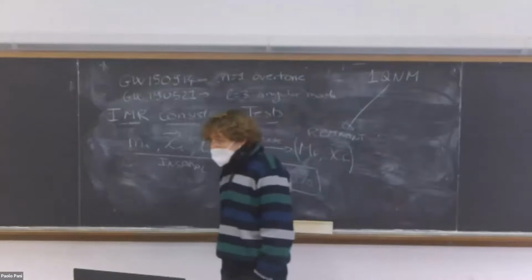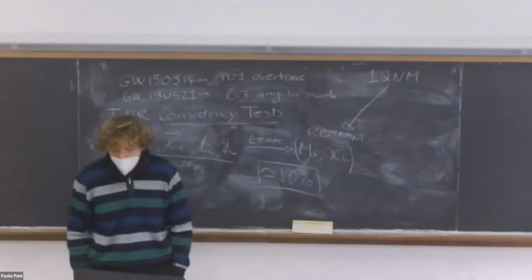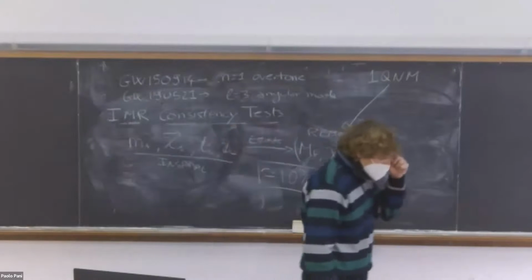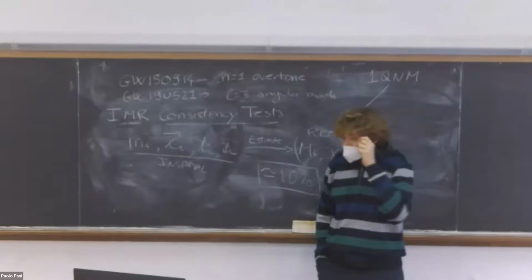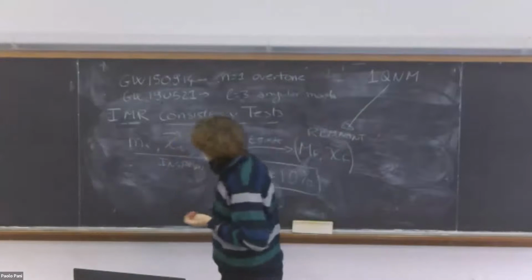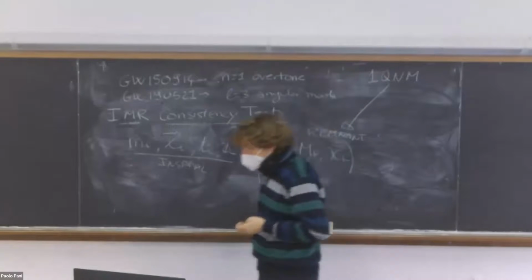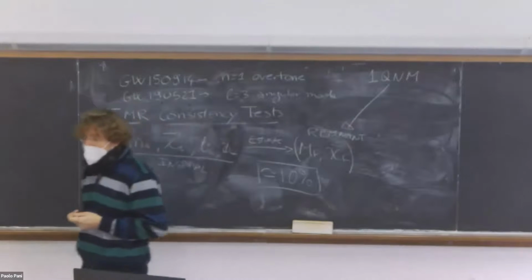Having said so, I will take this question to move to what I want to discuss in the last minutes, which is a modification of the ring down that is typical.